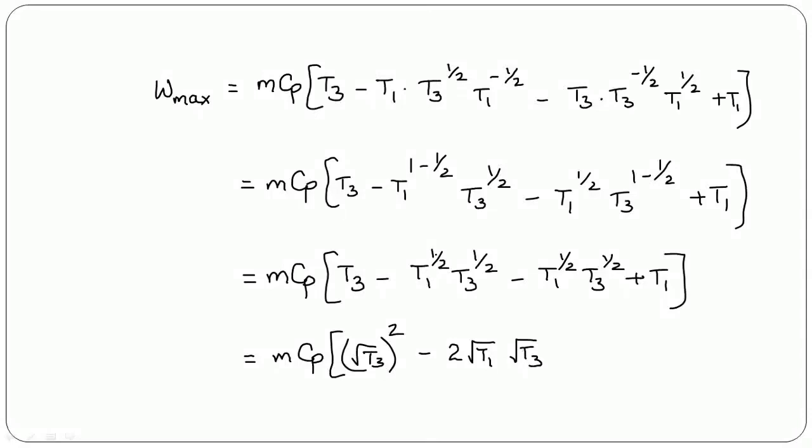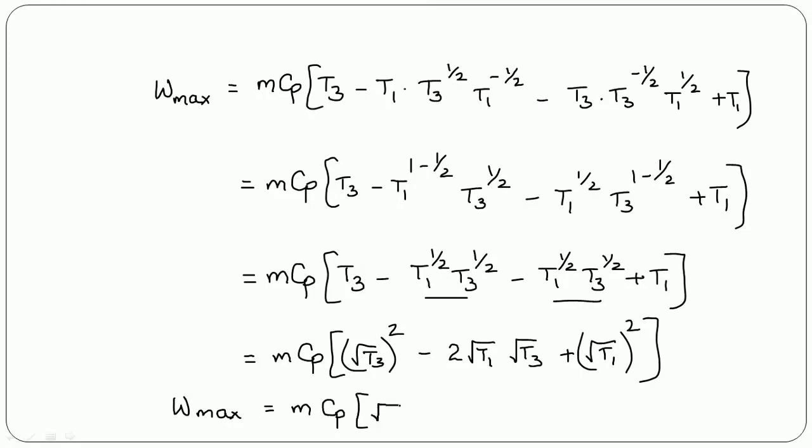You can write T1 power 1 by 2 as root T1, T3 power 1 by 2 as root T3. So 2 times it is there. So we are writing 2 root T1 root T3 plus root T1 whole square. So this is in the form of a square minus 2ab plus b square. So the maximum work done will be mCp into under root T3 minus under root T1 whole square.